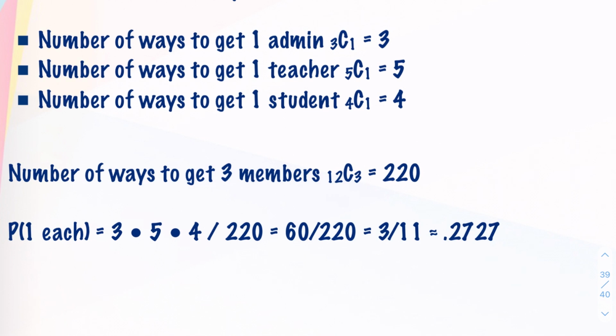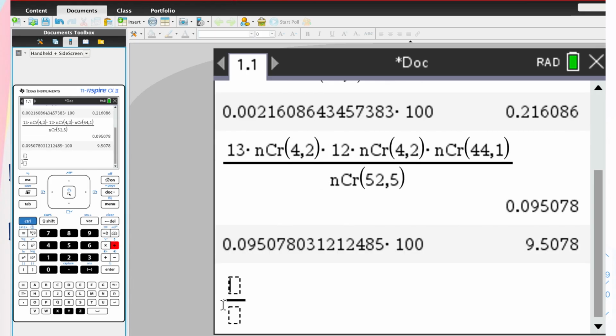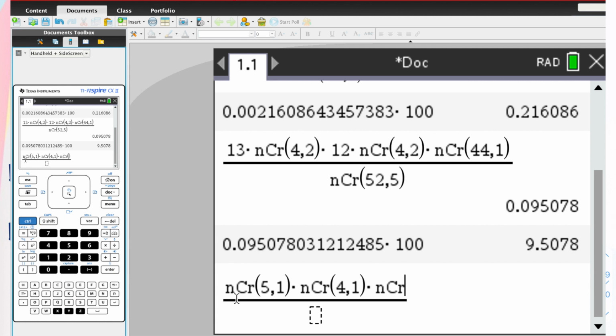If you want to see me type this out, I'm going to go NCR, and you can actually just type that in. So let's hit on our calculator. We're going to hit Control Division. I'm going to do NCR, parentheses, 5 choose 1, times NCR, 4 choose 1, times NCR, parentheses, 3 choose 1.